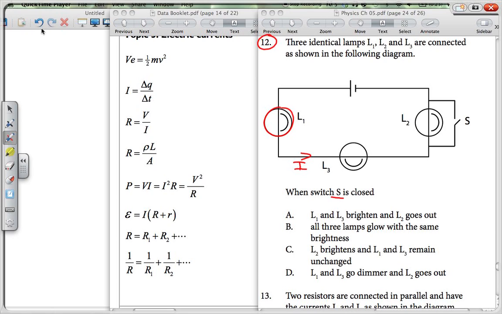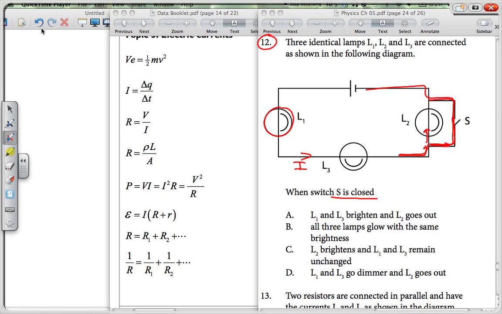Now, when switch S is closed, what would be the situation? Well, let's just think about it. If you close switch S there, now when the current is coming through here, it can either go in that direction there through the lamp, or it can go through this. But this is just a wire. There is no resistance. So the vast majority of current will actually go in that route over there.